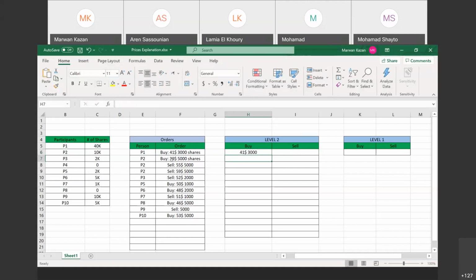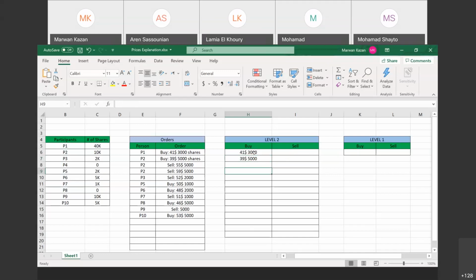Now, person 2 wants to buy at $39, 5,000 shares. So $39 over here, 5,000 shares. Now a question, guys. Not always do things work like this. Sometimes this order might be above this, but how? These people in this table want to buy, right? So imagine that you want to sell.